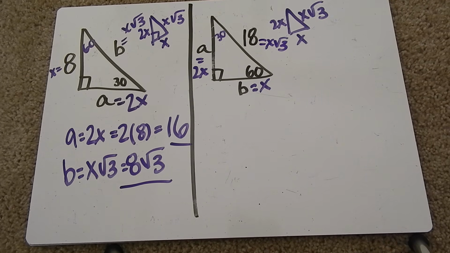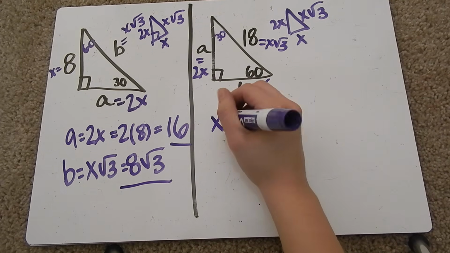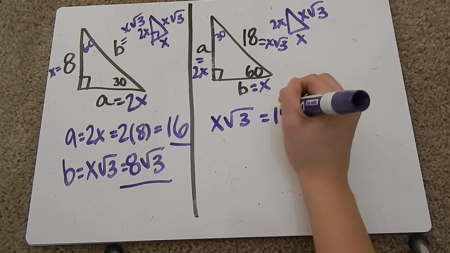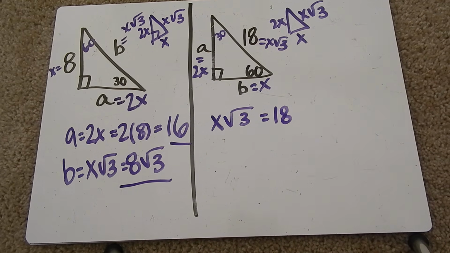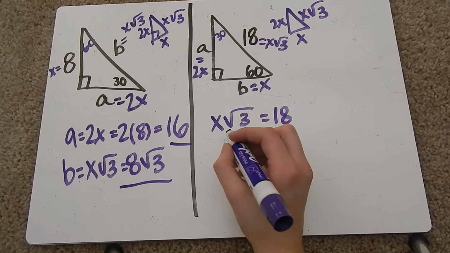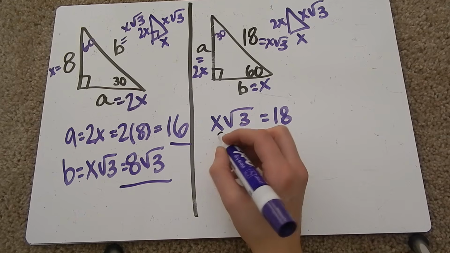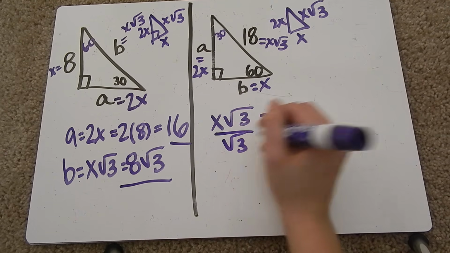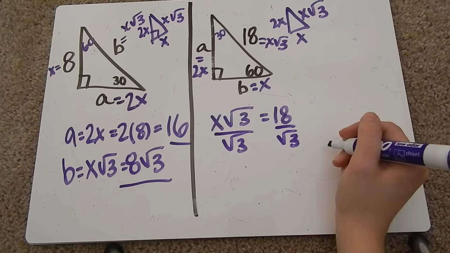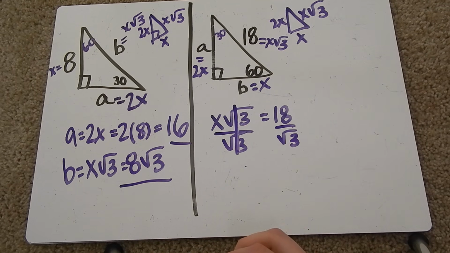So the only thing we know here is x times the square root of 3 equals 18. From this equation, I can solve for x. We want to undo what's being done to x, so we divide by the square root of 3. That will leave 1 out there.